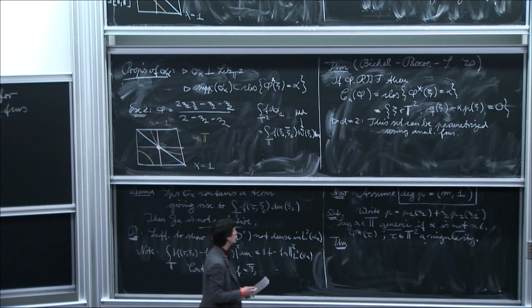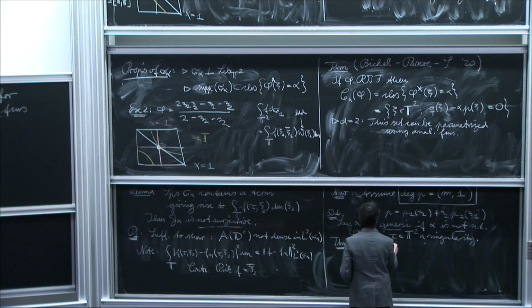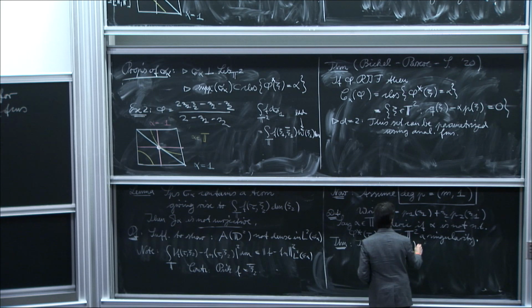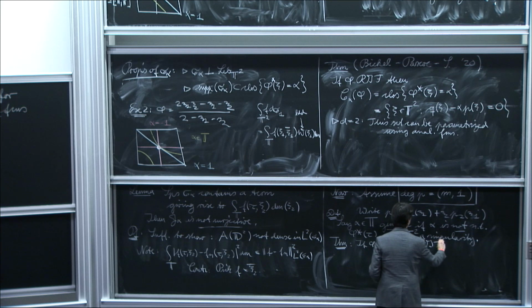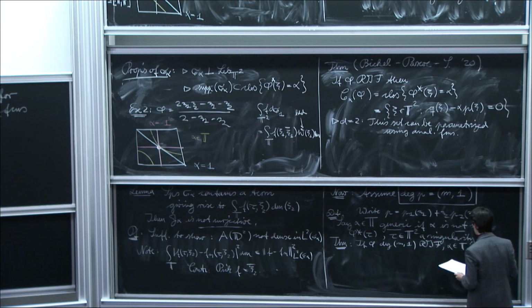Under these conditions, phi is a degree (m, 1) rational inner function, alpha is a unimodular parameter, not necessarily generic, and f is in L1 of sigma alpha.